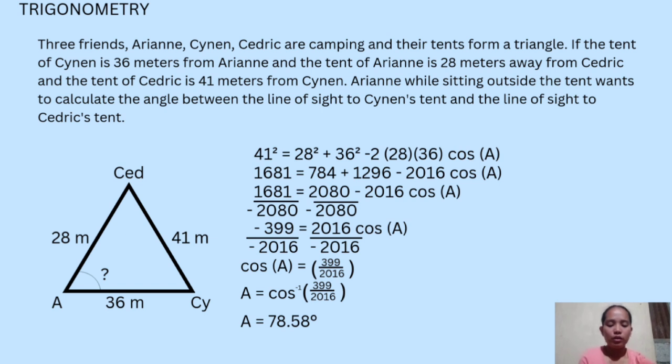Since we are only looking for angle A, we move the cosine to the right, so it is now inverse cosine. Inverse cosine of 399 over 2016 is 78.58 degrees. So the angle between Simon's tent and Cedric's tent is 78.58 degrees.